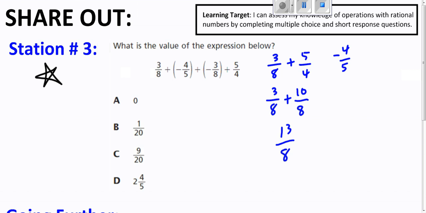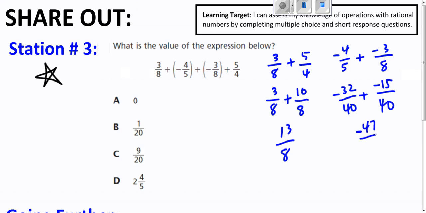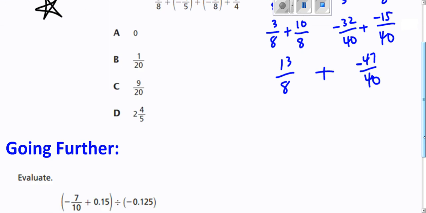Now the negatives. Negative 4 over 5 plus negative 3 over 8. Common denominator of 40, so negative 32 over 40 plus negative 15 over 40. Since they're both negative, you can add them, so negative 47 over 40. And now I need to add those two numbers together. So I need a common denominator of 40, so 65 over 40 plus negative 47 over 40.